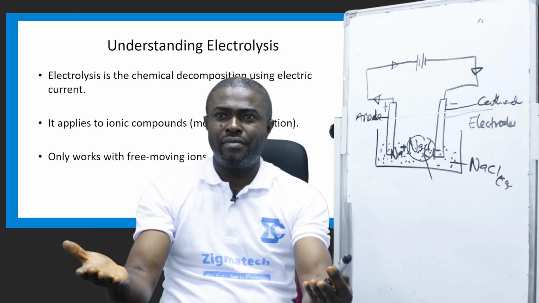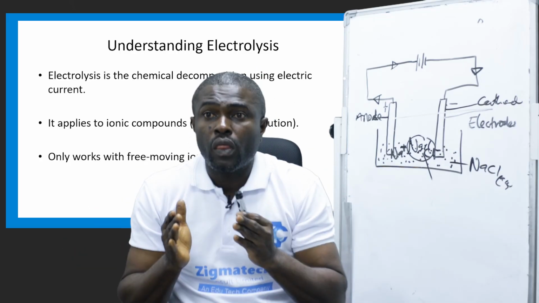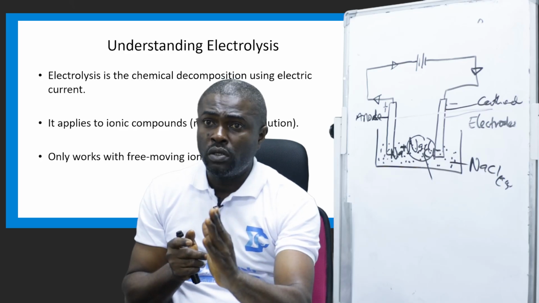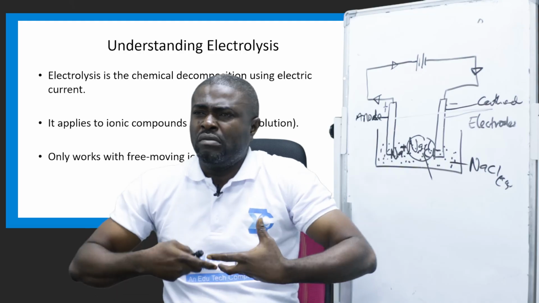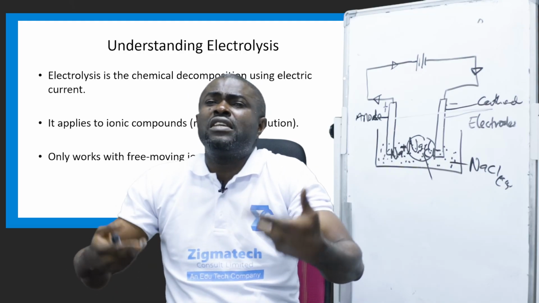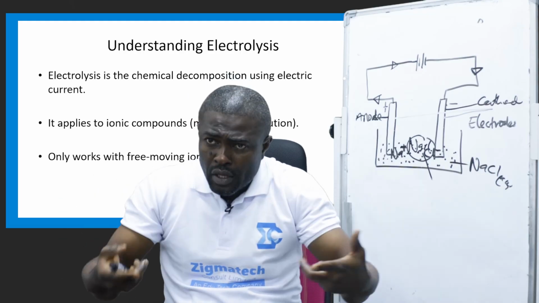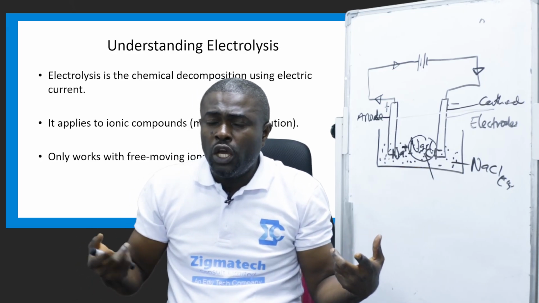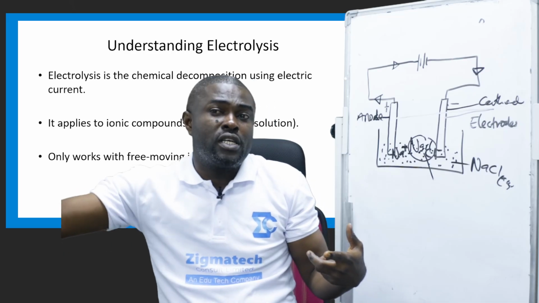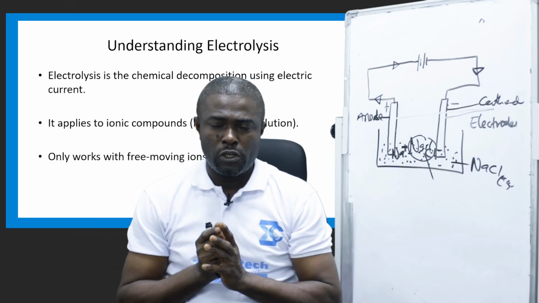What will happen to two of them? The positive one will look for where it will have access to a negatively charged something so that it can be neutralized. Okay? While the negative one will look for positive. What am I trying to say?